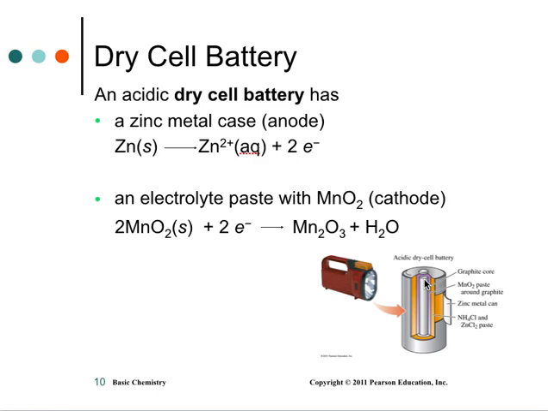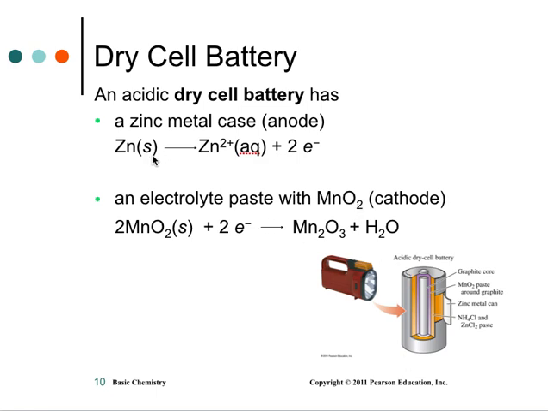Here's a battery. The inside is going to be a graphite core that's just like a pencil lead. Then you have an inside chamber. The inside chamber has a manganese oxide compound where these are charged particles. So manganese is a positive and negative charged particle. And then on the outside, you're going to have zinc.